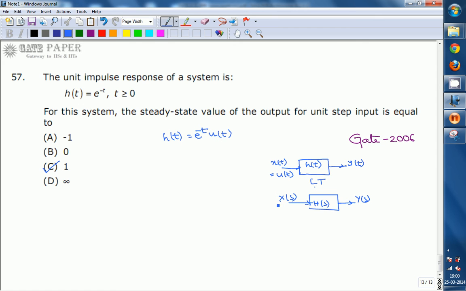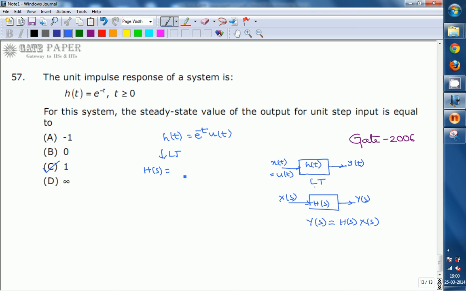Now we will find the Laplace transform for this. After getting this, the output y of s we can calculate as h of s into x of s. So we will go for finding the h of s now.